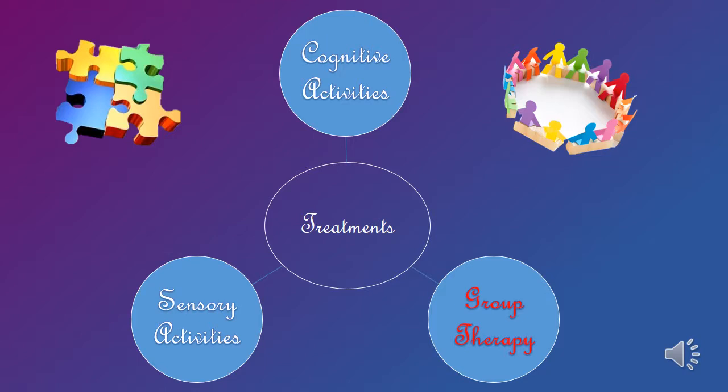Some types of treatments used are cognitive behavioral activities, sensory activities, group therapy, therapeutic activities, life skills training, cognitive rehabilitation, supported employment, supported education, social and interpersonal skills training, life balance interventions, and modalities such as biofeedback and mindfulness enhanced therapy.